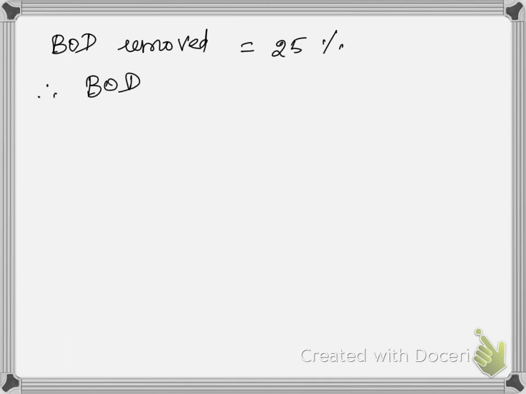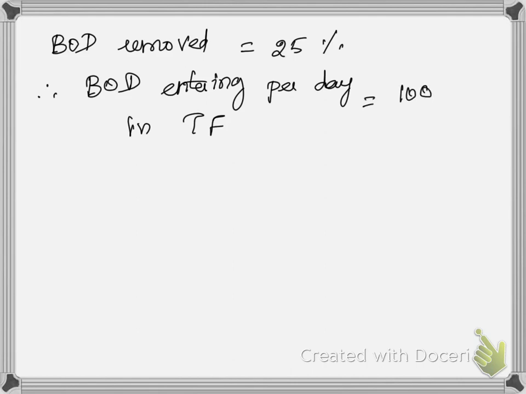That we have to calculate. So BOD entering per day in the trickling filter: since 25% is removed, which is 100 minus 25, 75% will be entering the trickling filter. So how much BOD are we having? 1125 kilogram.